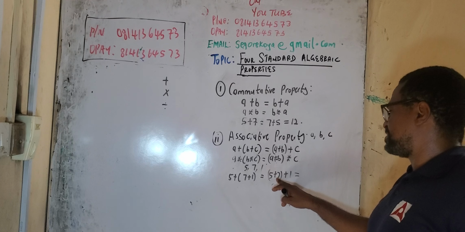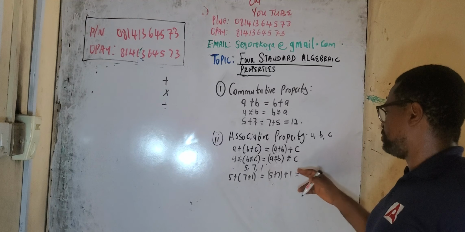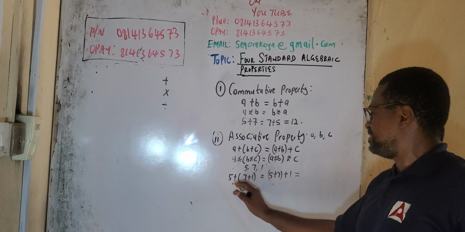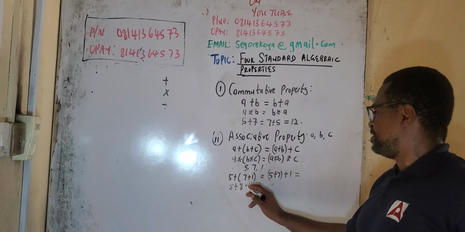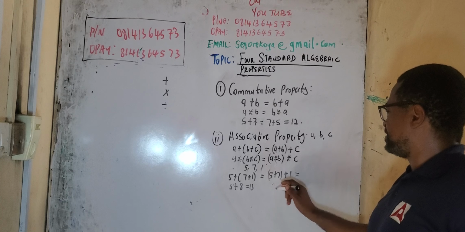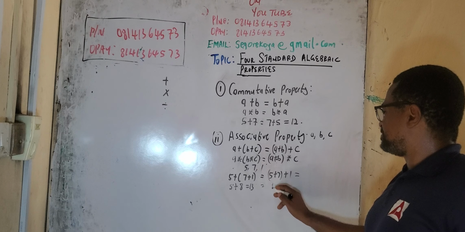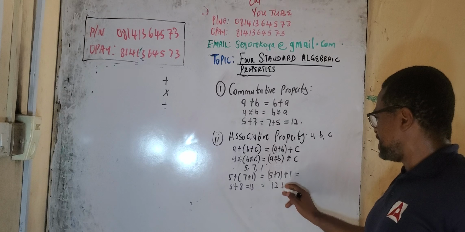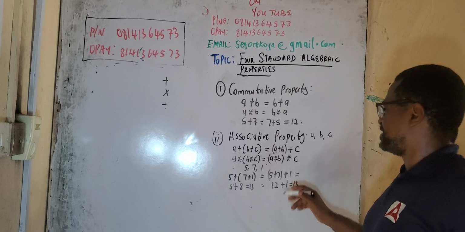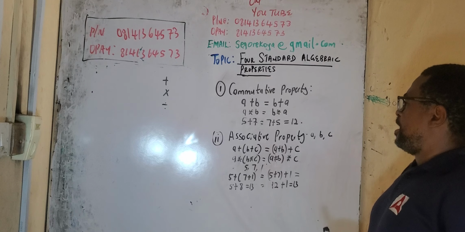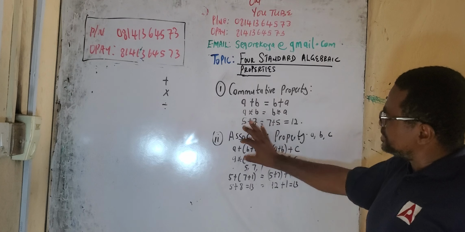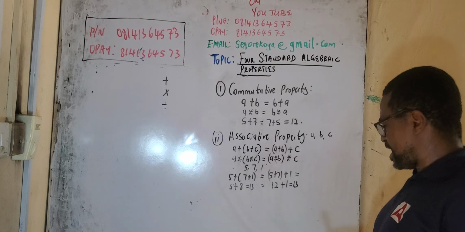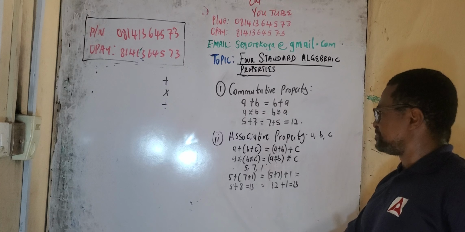And 5 plus 7 is 12, 12 plus 1 will give us 13. So placing these brackets between 2 elements does not change the result concerning the associative property.